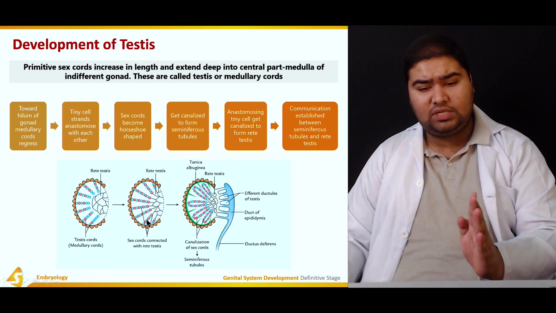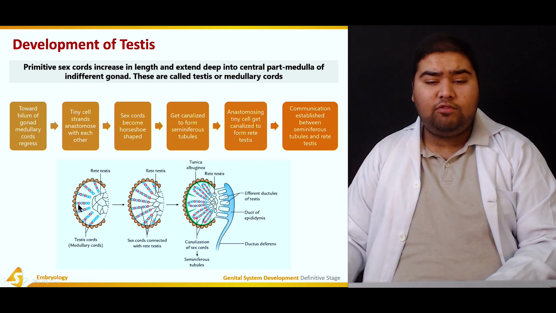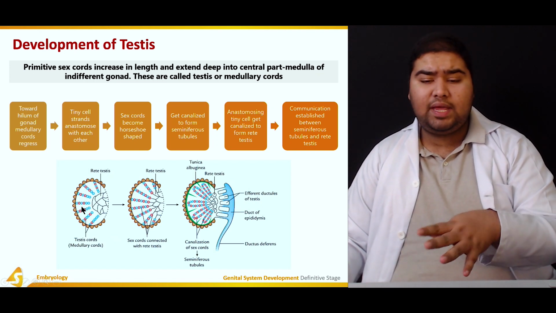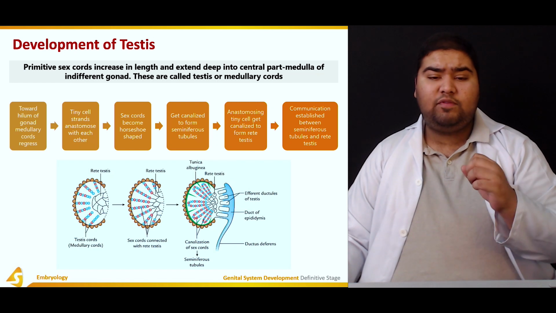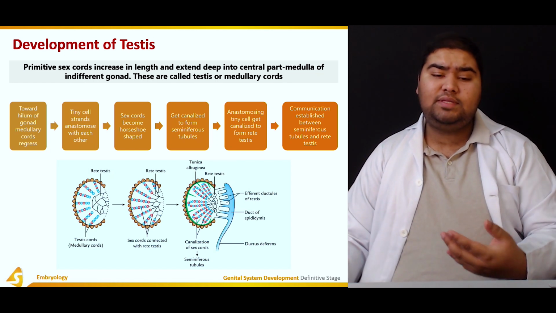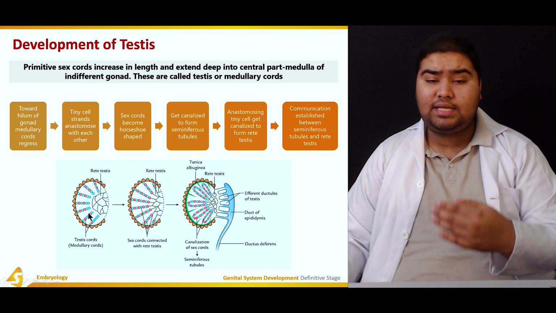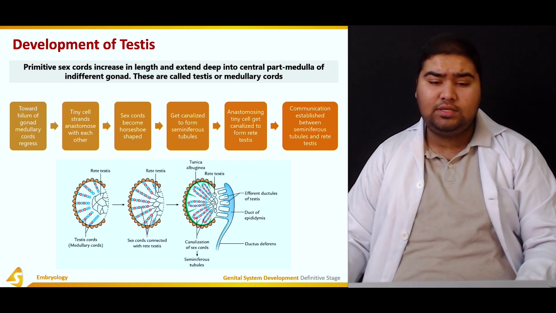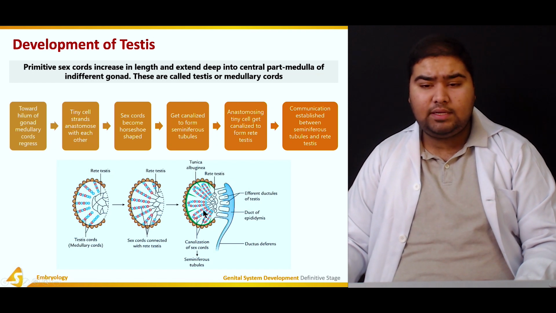Now leave the horseshoe-shaped structure here. Now focus on the seminiferous tubules. They begin to canalize. They form a canal within themselves. These canalized primitive sex cords, which were now called the testes cords, now become the seminiferous tubules.